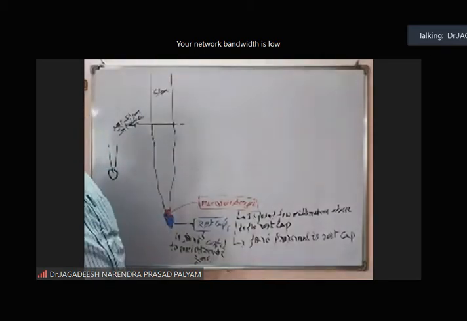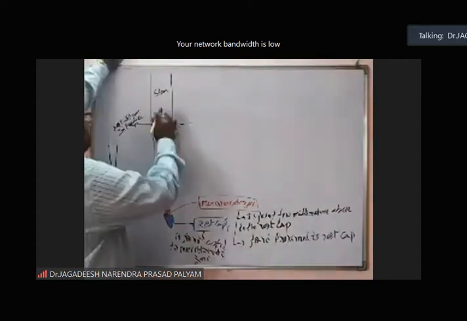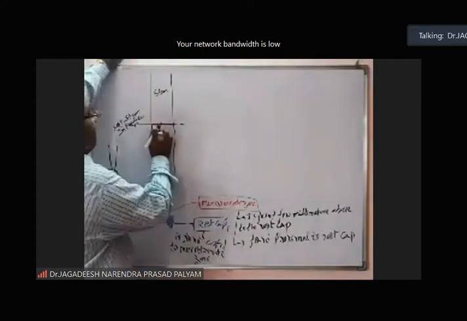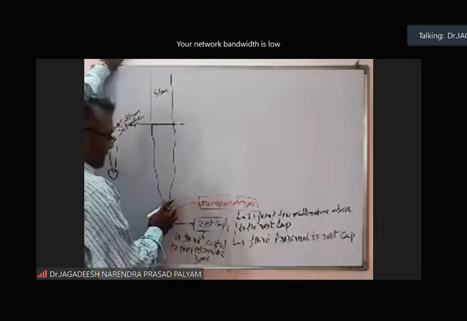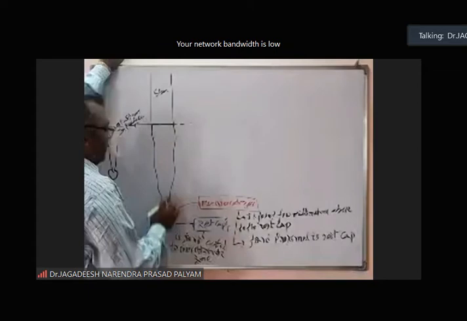Please look at here, please. The region which is present nearer to the root stem interface is called proximal.